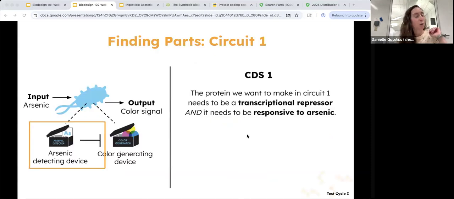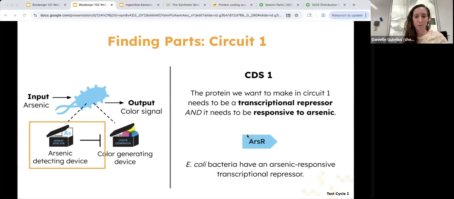Well, a quick Google search for just those 2 characteristics, a transcriptional repressor and a protein that is responsive to arsenic, you're going to identify what is known as the ArsR protein. And that protein is part of the ars operon.